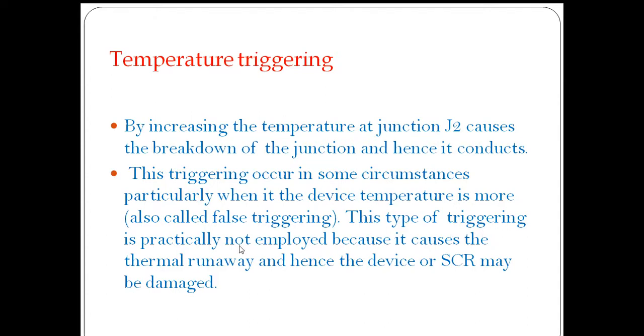That's why this triggering is not used in practical cases, because it may cause thermal runaway. Hence, the device may be damaged. Actually, whenever the temperature of the junction increases, it may cause breakdown or it may conduct the device.